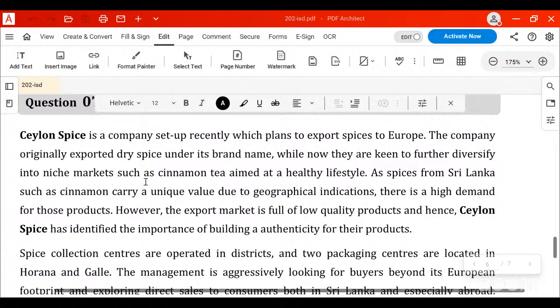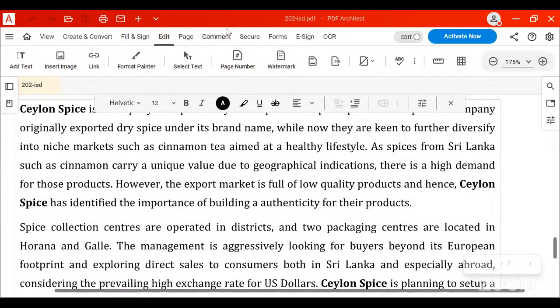As spices from Sri Lanka, such as cinnamon, carry a unique value due to geographical indications, there is a high demand for those products.